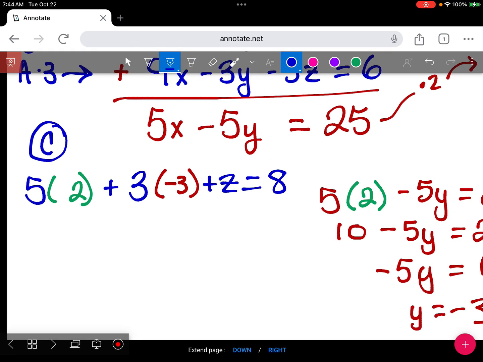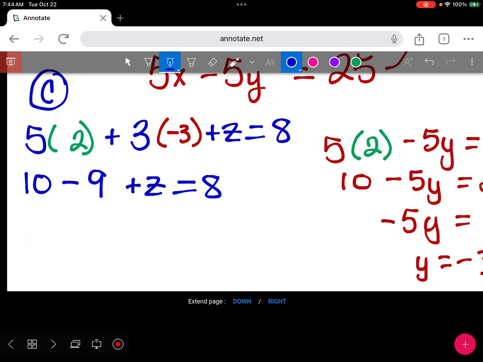So we're going to simplify this out. 5 times 2 gives me 10. 3 times negative 3 gives me minus 9. Plus z equals 8. Well, combining some like terms here, I've got 10 minus 9, which is 1, plus z equals 8. So what is z? 7.